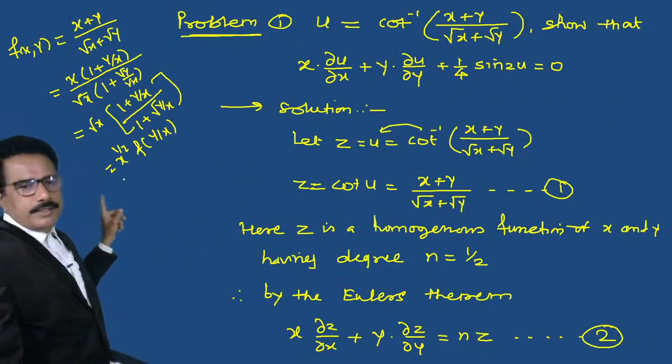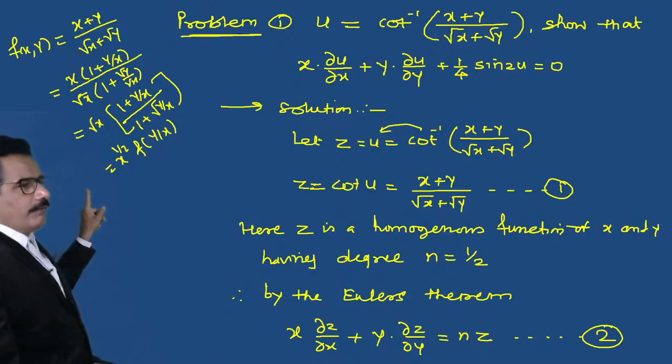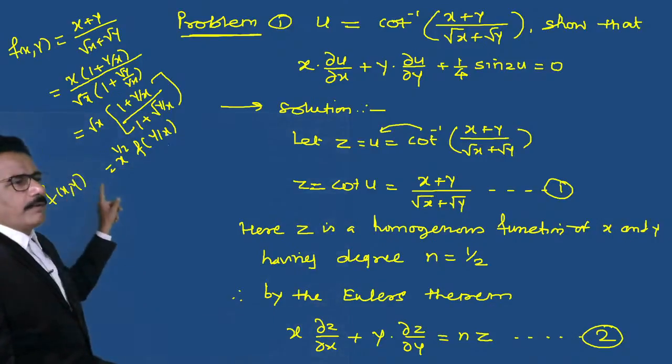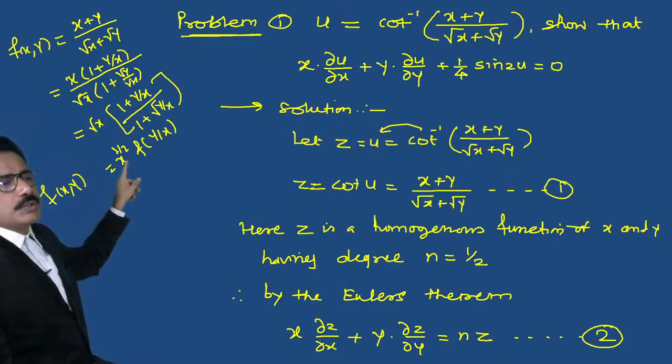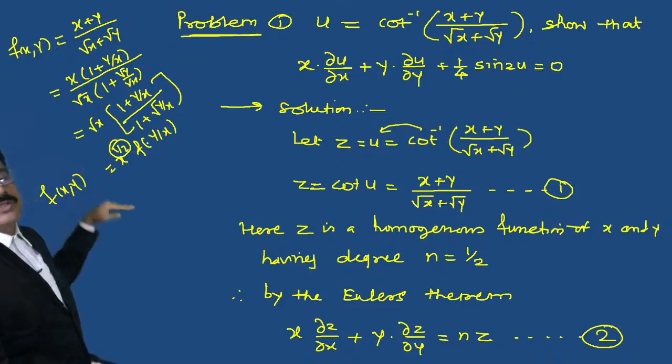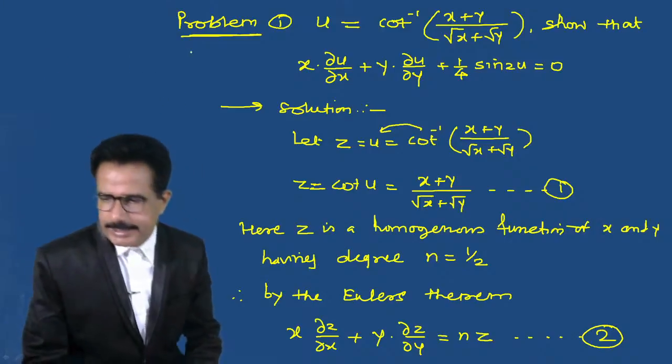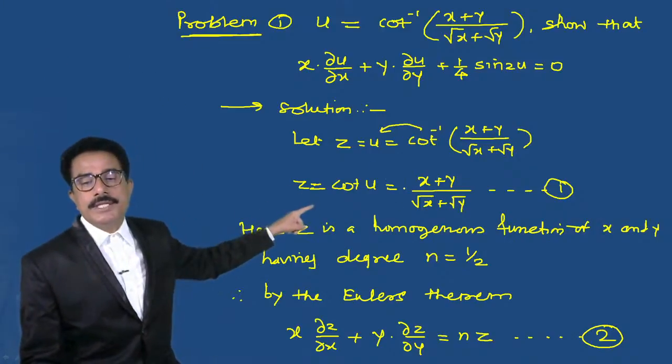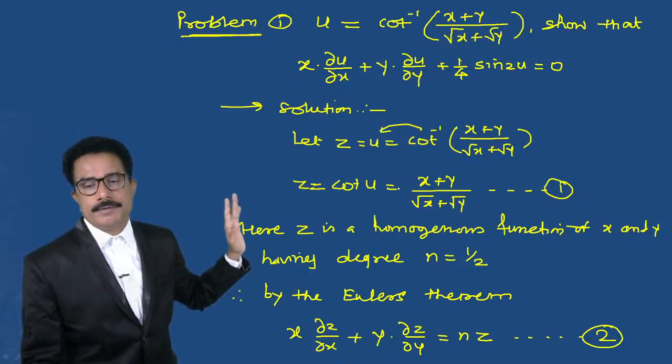So here we have expressed this f of x comma y, see here f of x comma y which is equals to x raised to 1 by 2 f of y by x. So this 1 by 2 is called as a degree of that homogeneous function and the given function is called as a homogeneous function. हे समजून सांगितलं, डिटेल मध्ये जायची गरज नाहीये. So we can say that the given function is homogeneous.